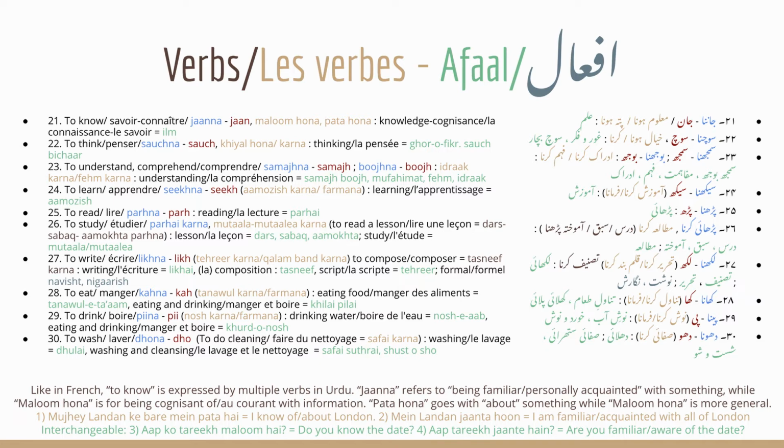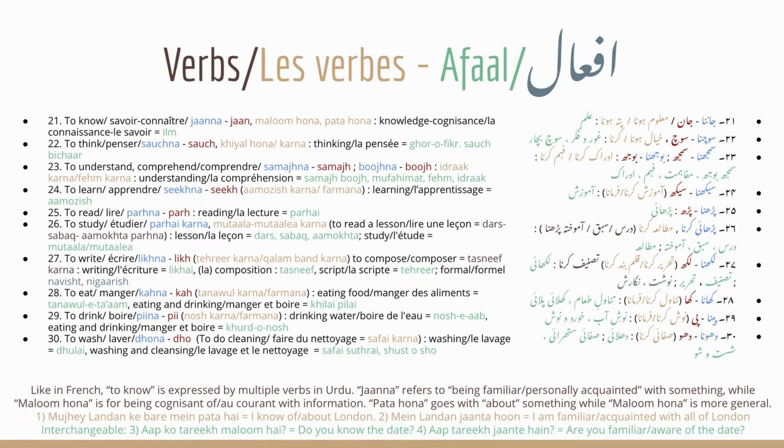As I mentioned, like in French, to know is expressed by multiple verbs in Urdu. Janna is closer in meaning to being familiar or personally acquainted with something, while malum hona is for being cognizant or au courant with information.